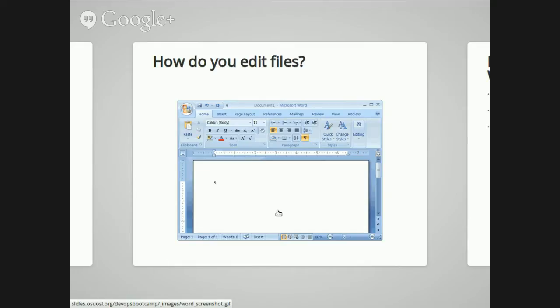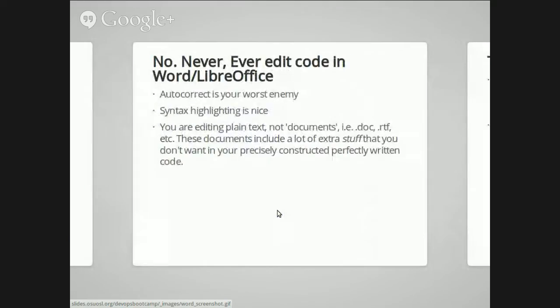For instance, one person decided to just randomly write some HTML in Word, and when he went to edit the file with Vim, it opened up a file that did not look like what he wrote at all. It had a bunch of extra information, metadata that you don't want. And metadata is just information the computer knows, but you're not supposed to see. So never ever use LibreOffice or Word to edit your code.